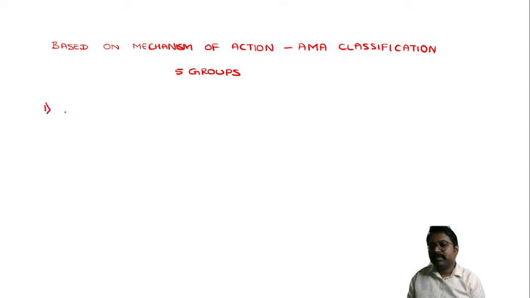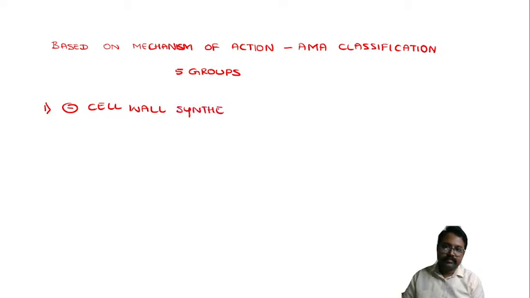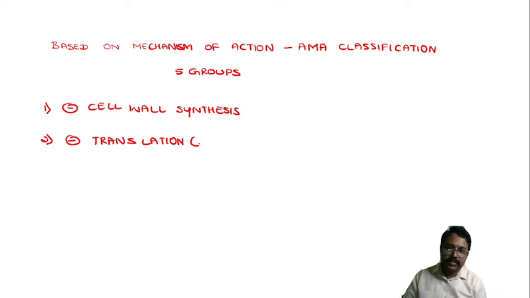The first is the drugs which inhibit the cell wall synthesis, and the second one is the drugs which are inhibiting the translation, that is the drugs which are inhibiting protein synthesis.